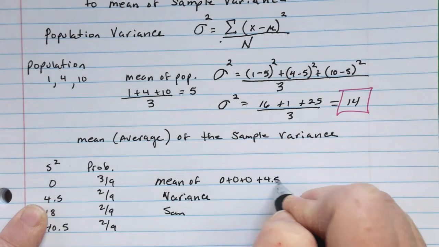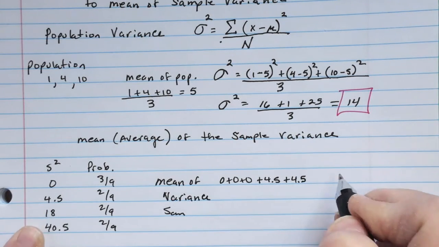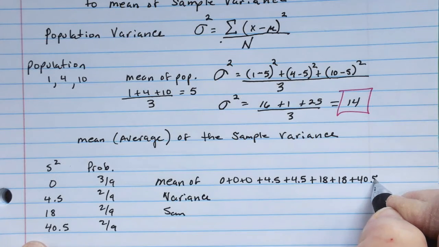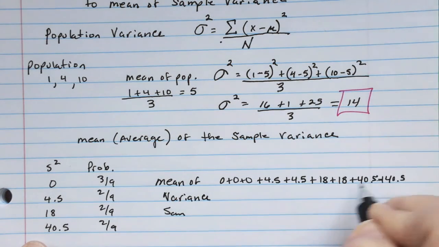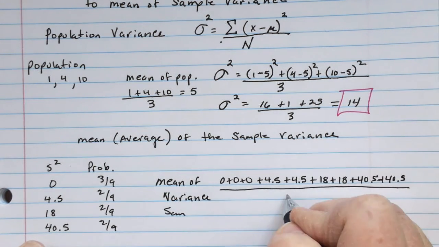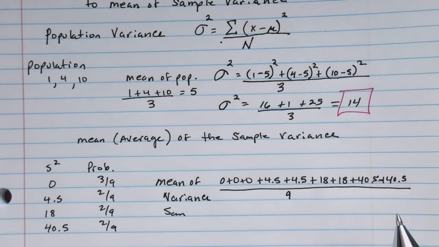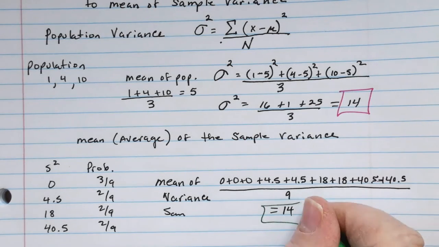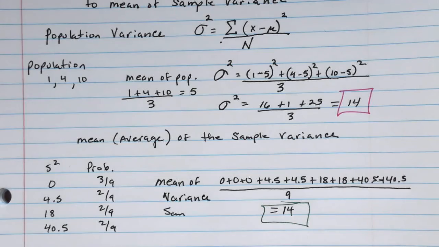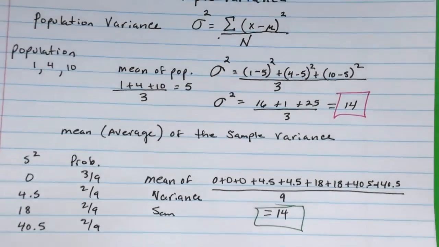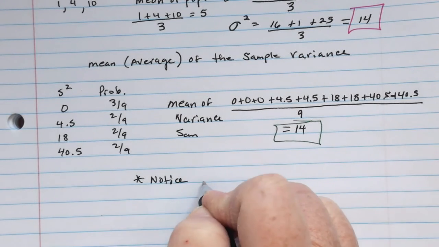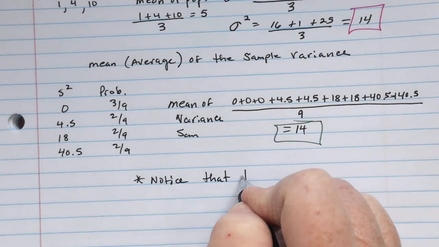You have 4.5 that will appear twice, 18 will appear twice, and 40.5 will appear twice. And divide all of that by 9. When you add that all up and divide by 9, you will find that the mean of your sample variance is 14. So they are the same. So notice that they are the same.